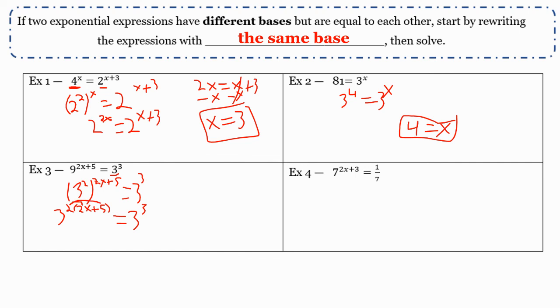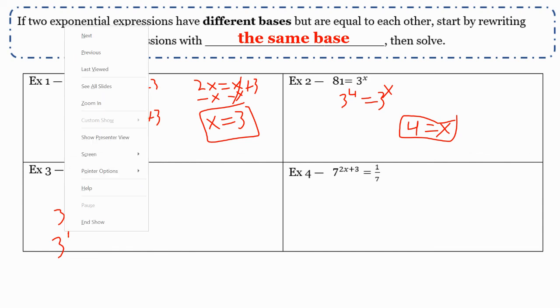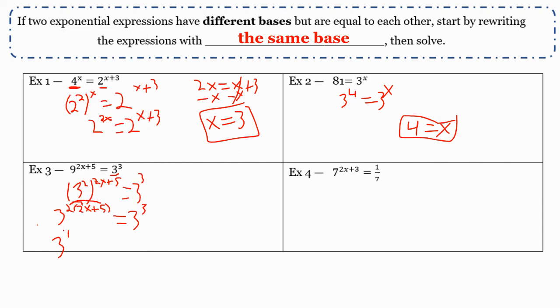So when I'm rewriting this again, I'll be multiplying 2 times 2x to give me 4x, and 2 times 5 to give me 10. Okay, and that equals 3 to the third power. And then again, I'm going to set my exponents equal to each other now that they're fully simplified and solve.